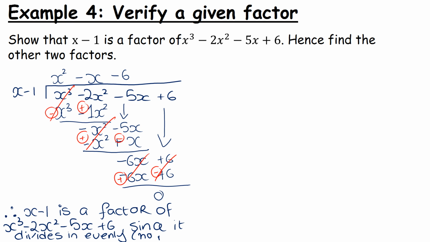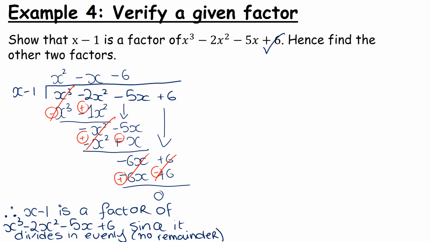And what I mean by that is no remainder. Okay, and it is important that you do that. You need to answer the question: show that it is a factor. If you're just blindly dividing, they may say you haven't verified, you haven't told us that you understand what you're doing. So show it. Therefore, x minus 1 is a factor of this since it divides in evenly. Okay, so that's the first part done.